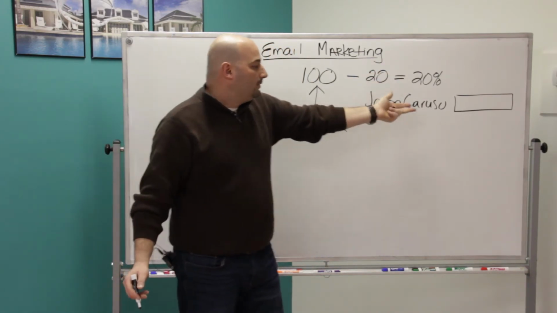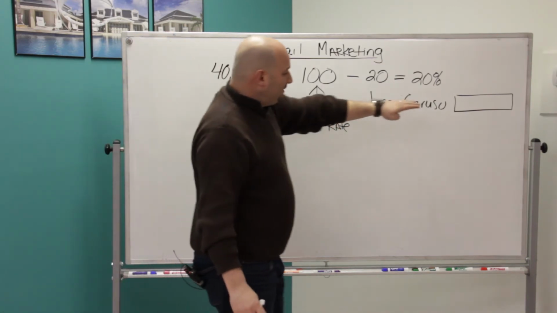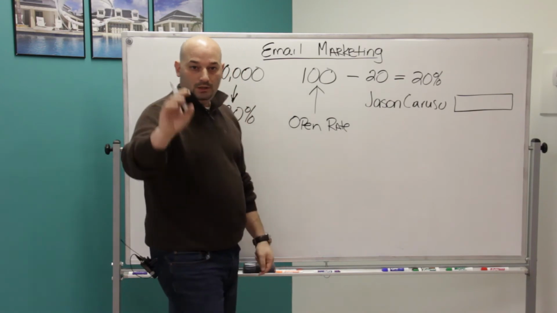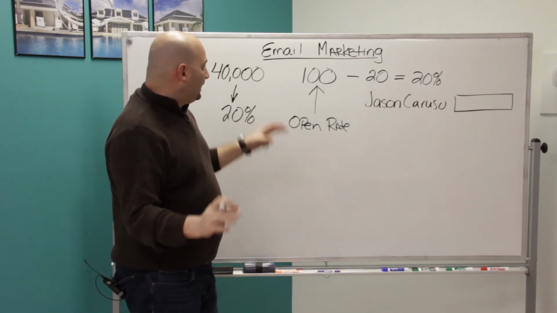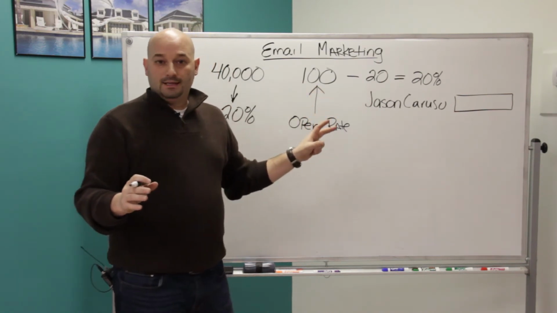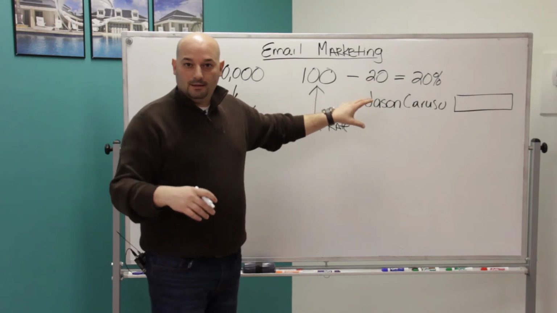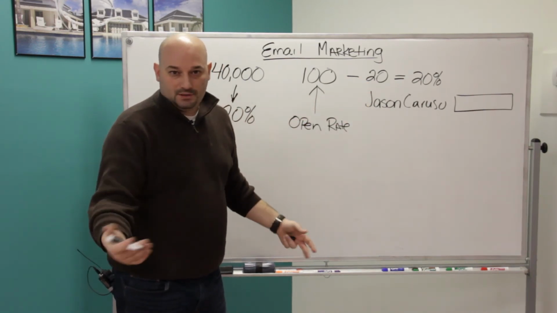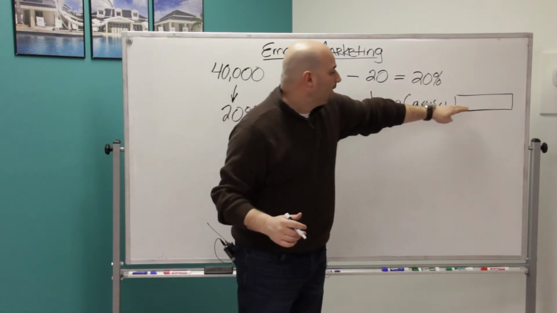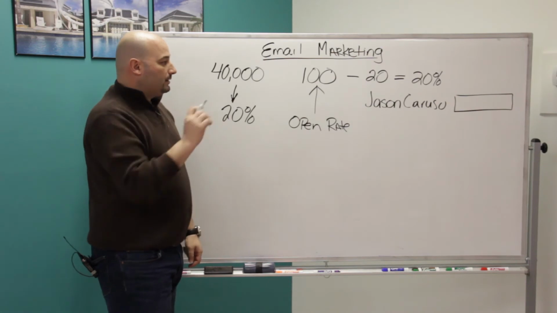You'll check my name and decide whether or not you want to open it. So your subject line is what's going to entice people to open the email. In the next video, what I'm going to do is talk about the different subject lines and how you can increase this 20% or whatever you're getting, maybe 10%, 15%, whatever your open rate is. I'm going to talk about how you can increase that number by your subject line.